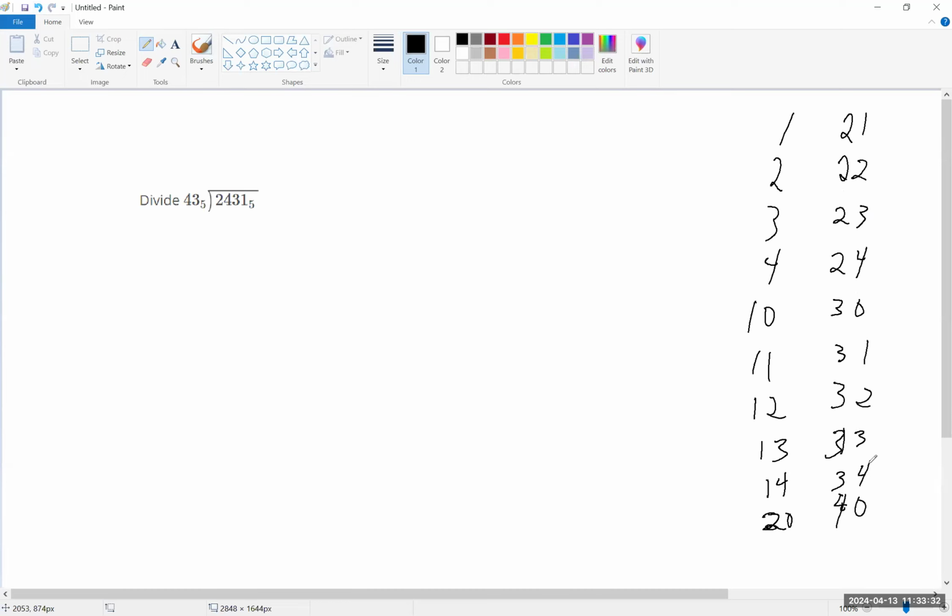Then the other thing I need to do is find some factors of 43 in base 5. 43 base 5 times 1 is just 43. 43 times 2 in base 5 is not completely straightforward. 3 times 2 is 6, but 6 in base 5 is 1, 1.